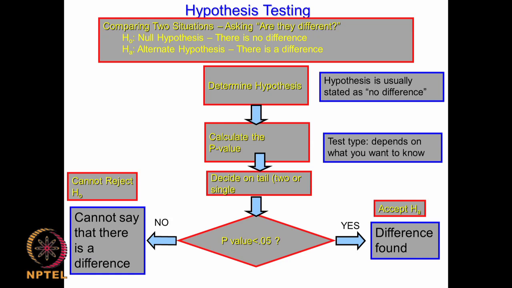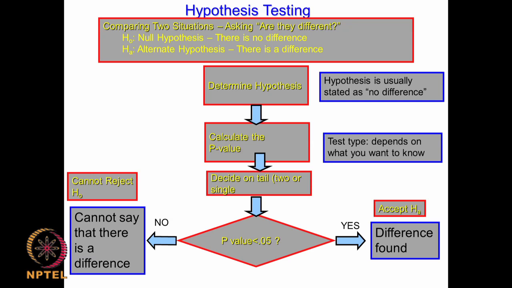Whereas, if the alternate hypothesis is that the new data set is greater than the old data set, could be height, could be IQ, could be drug, then we use a single tail test. This is called an upper tail test because of greater. When we say the new data set is lower than the old data set, then we use a lower tail test, which is again a single tail test, okay.